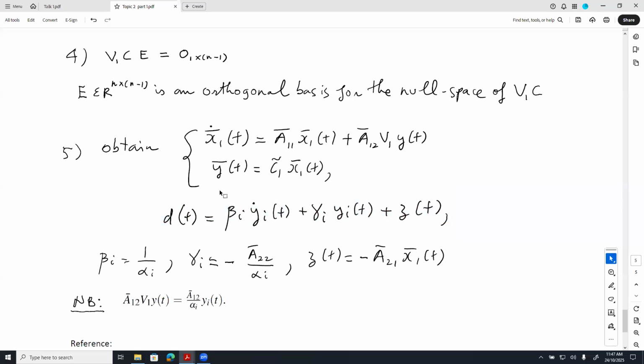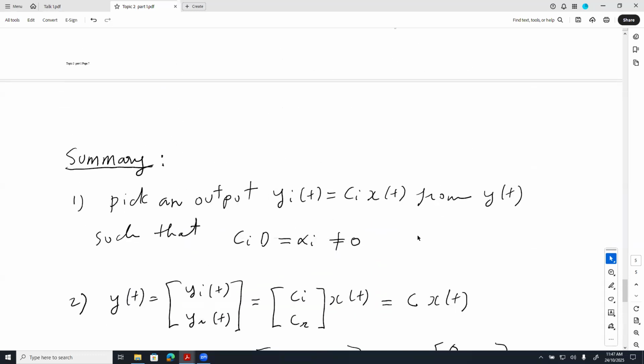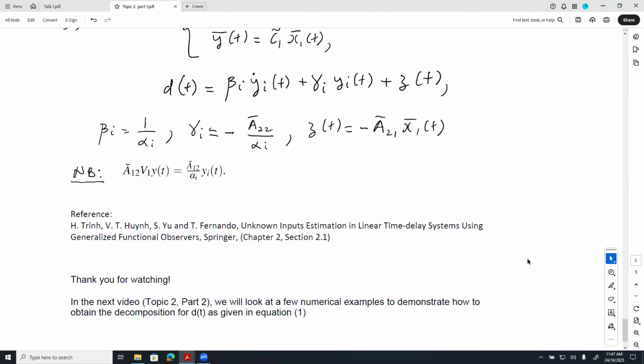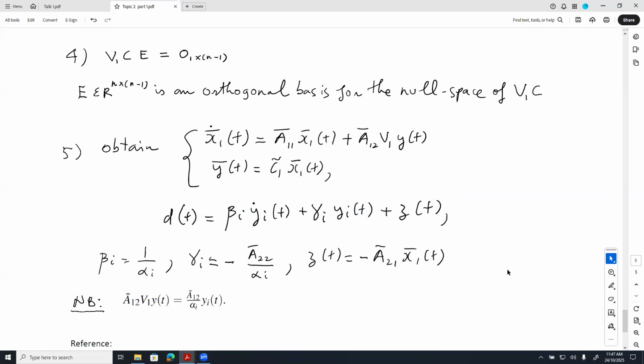Where beta I is in fact V1's special structure, and that is basically beta I 1 over alpha I. Alpha I is the product of Ci times D, a scalar. And of course, it's always non-zero. That is the nature characteristic of this decomposition.